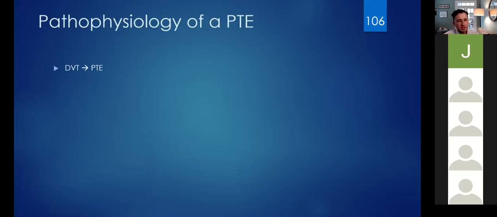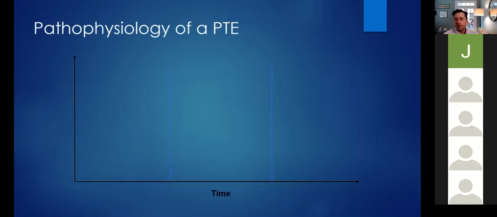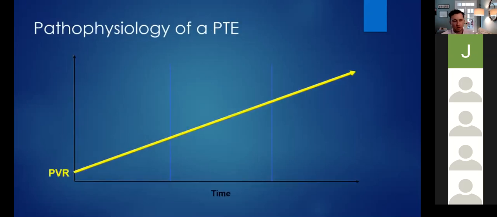Say you have a DVT that has been embolized and forms a PTE. When that happens, you're going to have sudden occlusion of a pulmonary artery and a sudden increase in pulmonary vascular resistance. Okay, so we go back to our graph here.